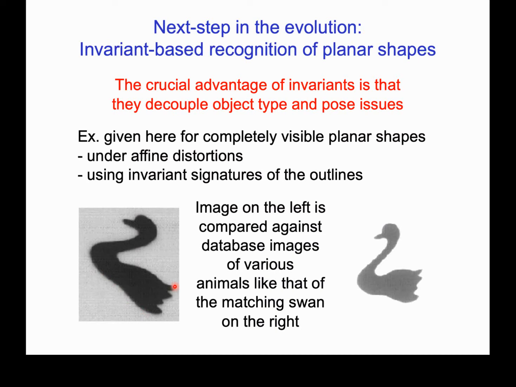So, in summary, I want to create invariants that I would extract from this picture here and this picture here, which is, for example, my database. And because the features are invariant to transformations, I will be directly able to compare them with those in the database and say that this is the shadow of a swan.